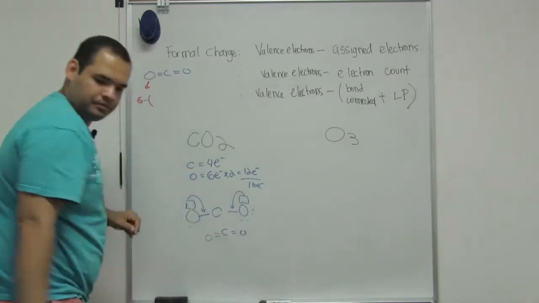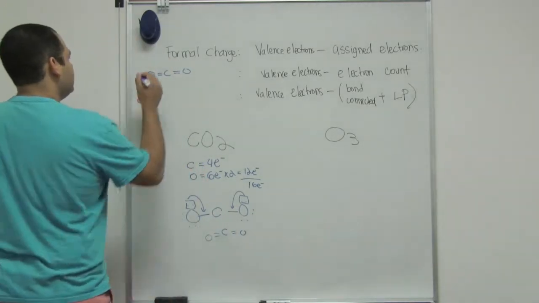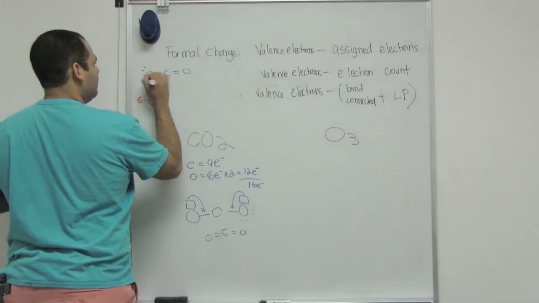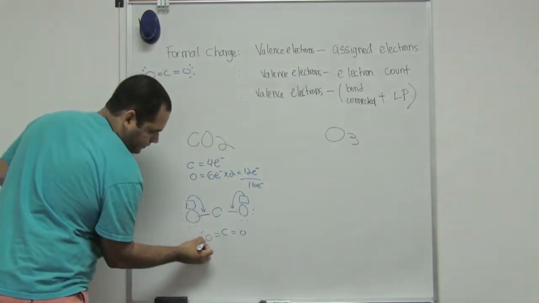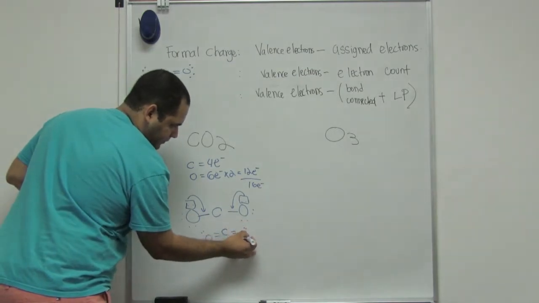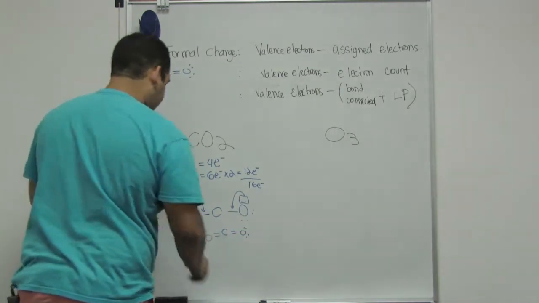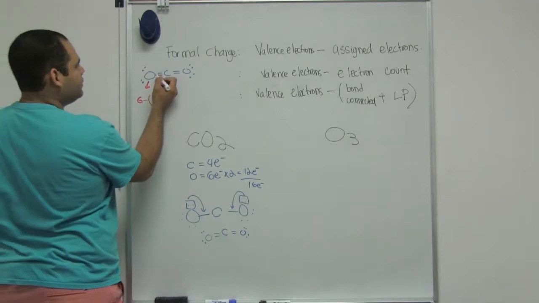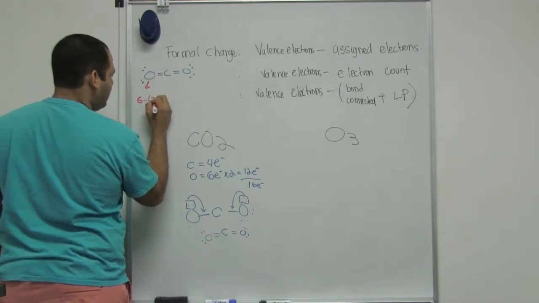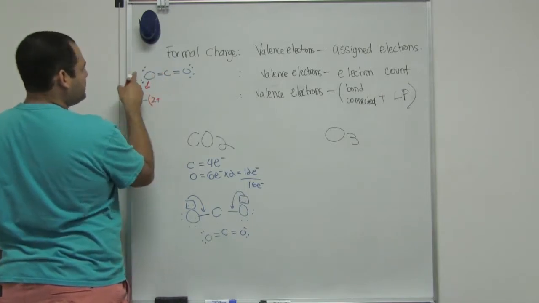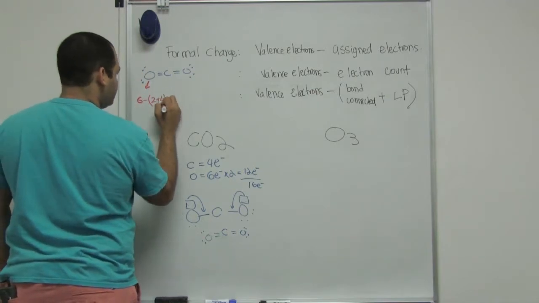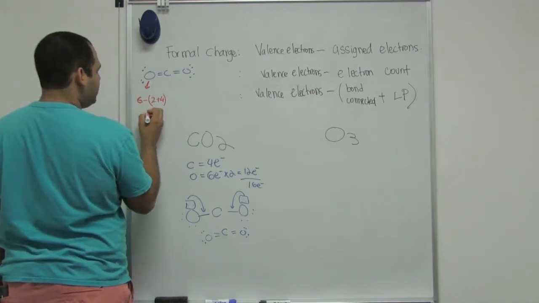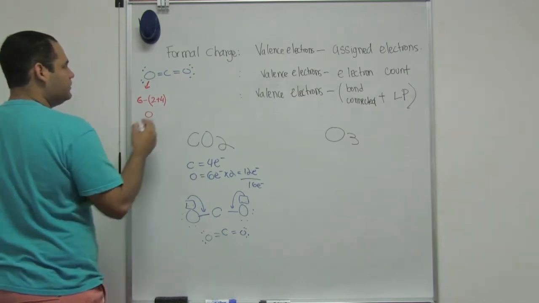I forgot to put the dots in here. Okay, so I have 2 connections plus lone pairs, I have 2, so 4 electrons. So 6 minus 6 gives me a 0.